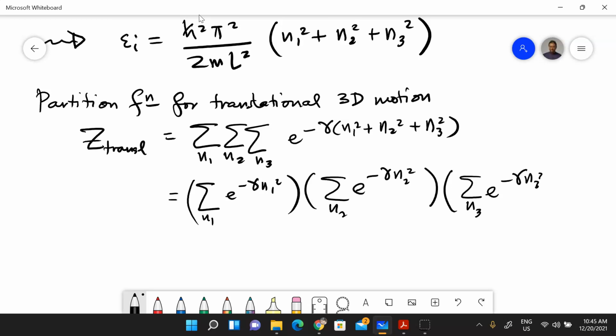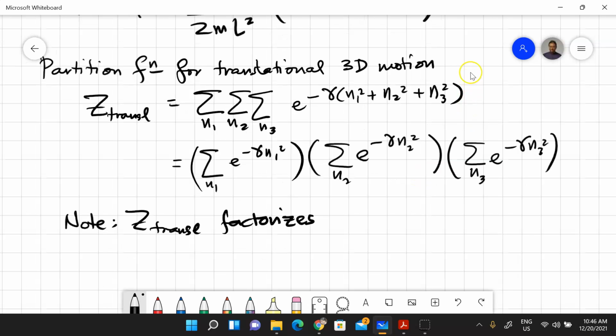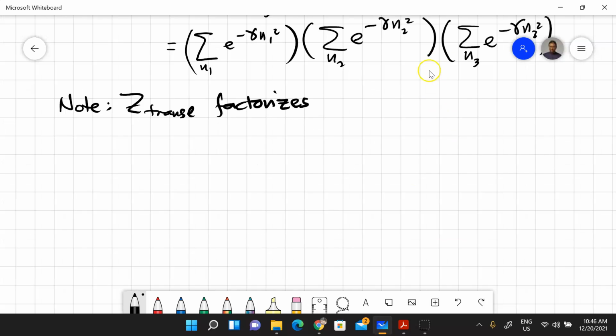So in other words, note here Z translational factorizes. This is an important property that one finds regarding the partition function. Now remember, we have actually given an expression for each of these factors. So let's just recall.